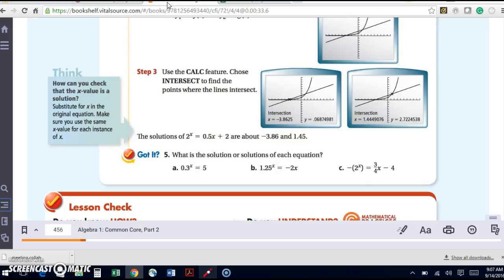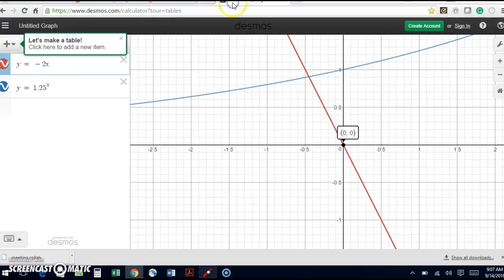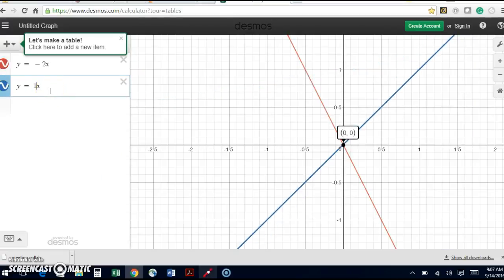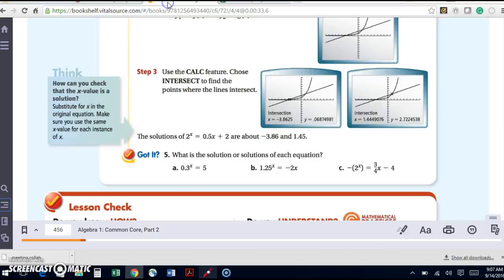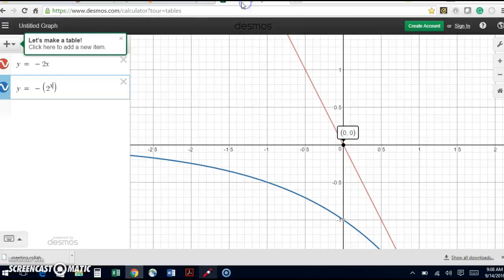All right, last one. We have negative 2 to the x, so let's put that in. Let me see, is it raised to the x inside the parentheses? Let me make sure that's what they have. Yes, it is. And then we have y equals 3/4 x minus 4.